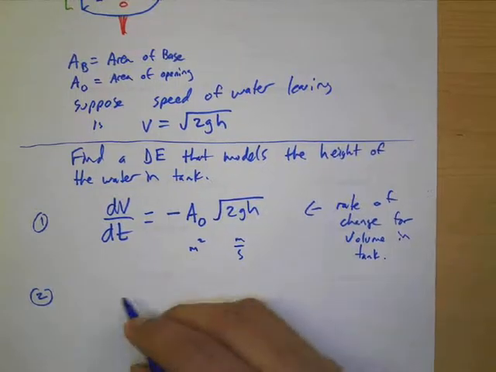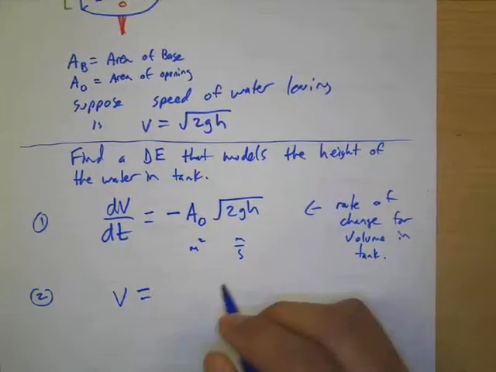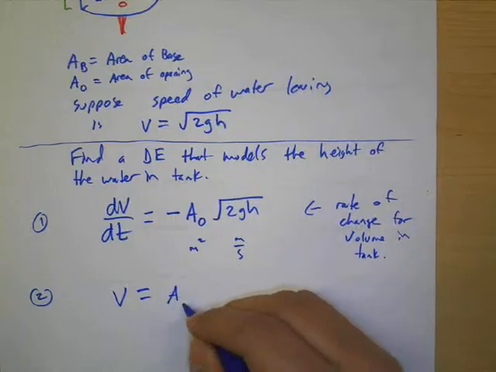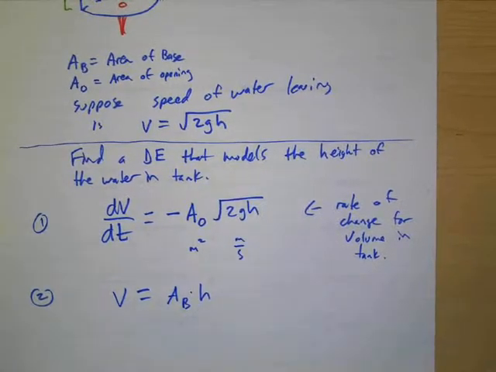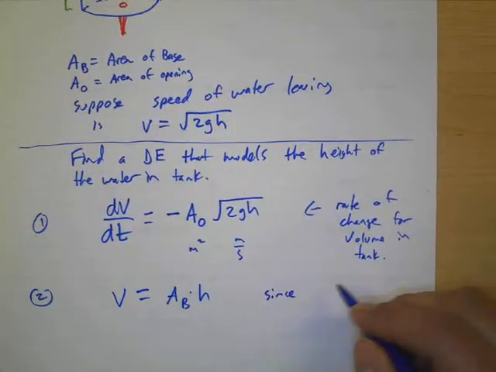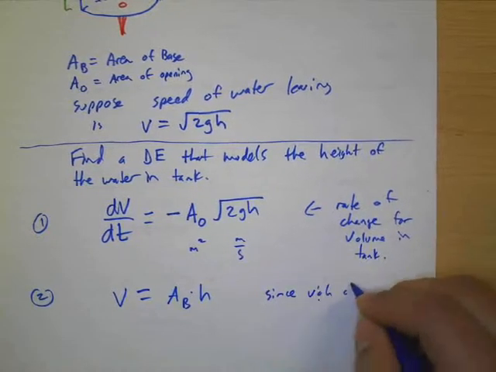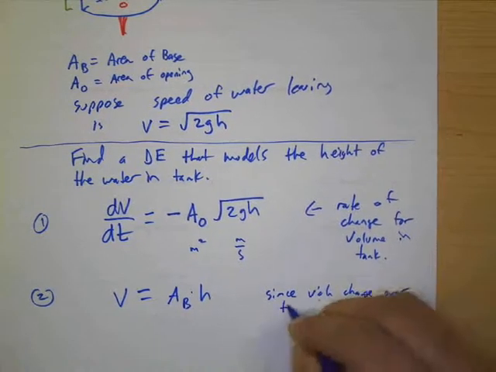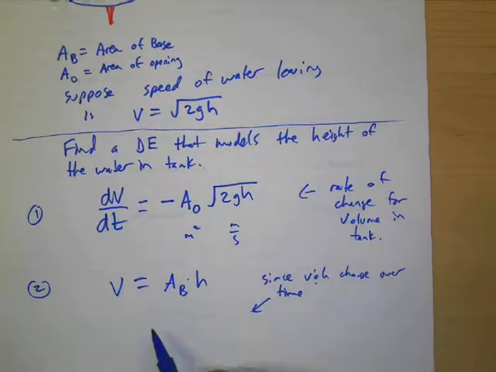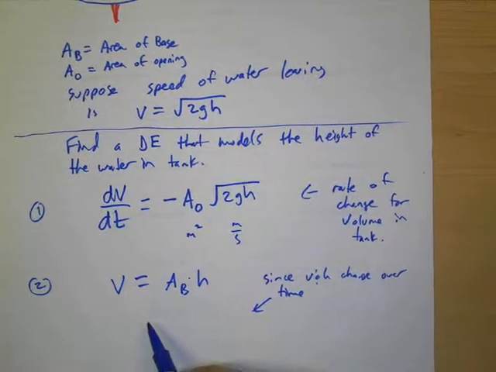I'll write it this way. V equals, so just standard area of the base times height is the volume, right? And now since V and H change over time, if we differentiate implicitly, we can start bringing in some derivatives, right?